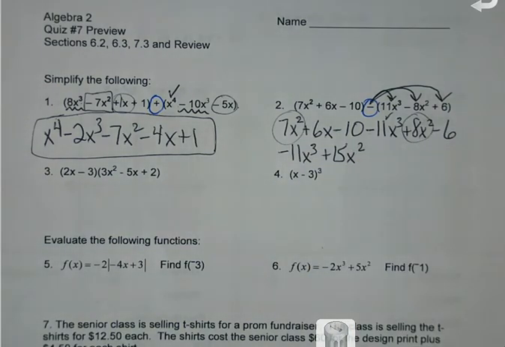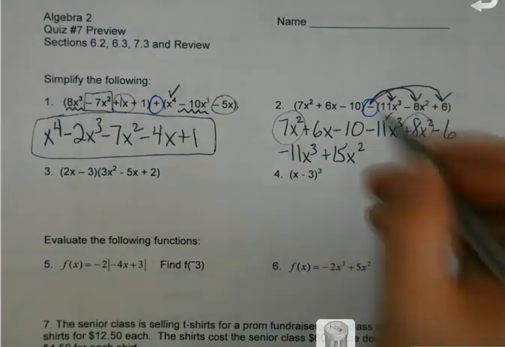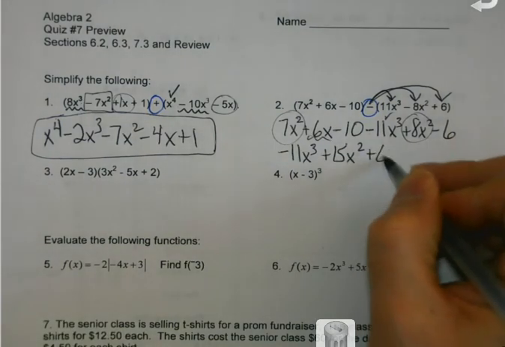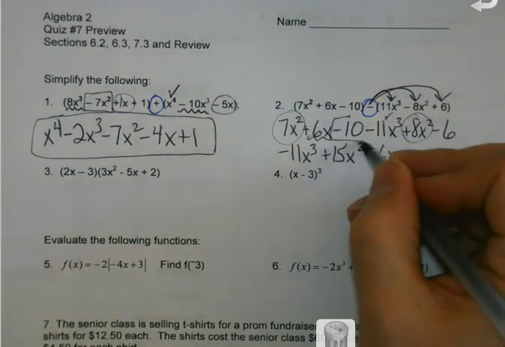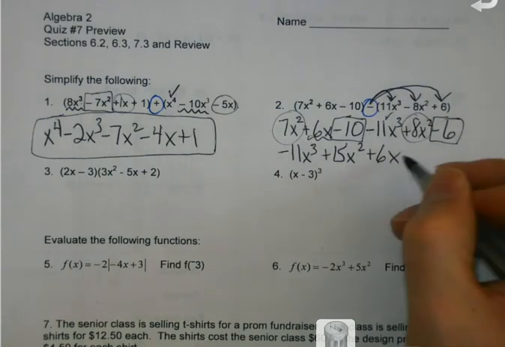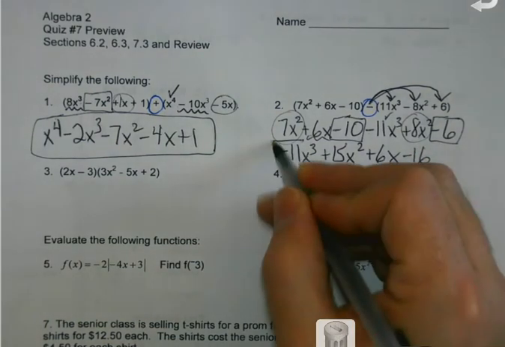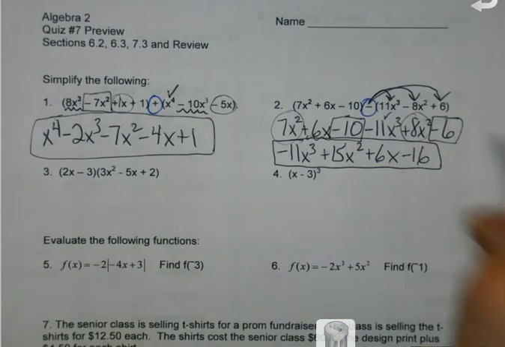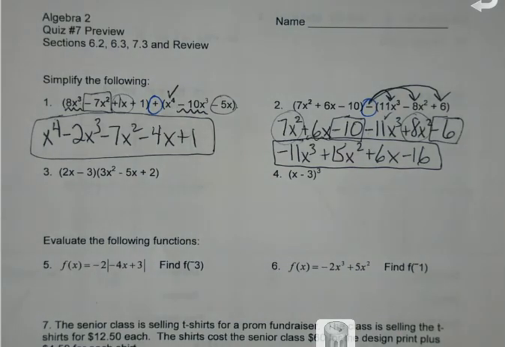Don't mess with the exponents on these. I got a 6x. And I've got my 2 constant terms. Greatest to least. After I distribute, no messing with exponents. They're just telling me what to put together. I'm good.